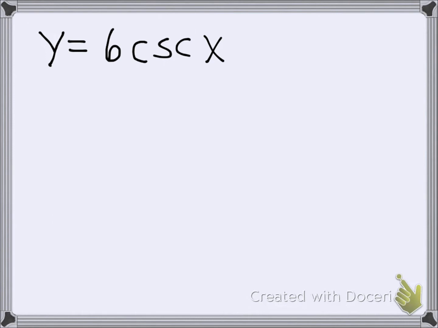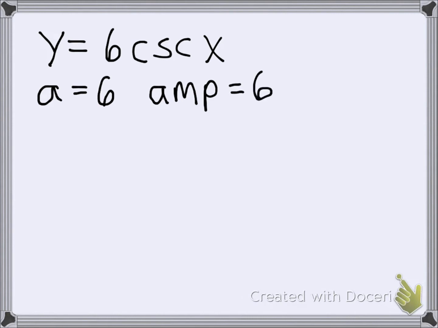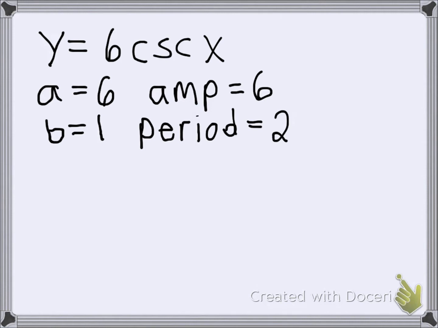To solve this, you need to find your a, which is 6, the amp, which is the absolute value of your a, which equals 6, the b, which comes after the cosecant in between the x, and since there is nothing, it is 1, and your period, which is 2 pi over your b, and since b is 1, your period will be 2 pi.